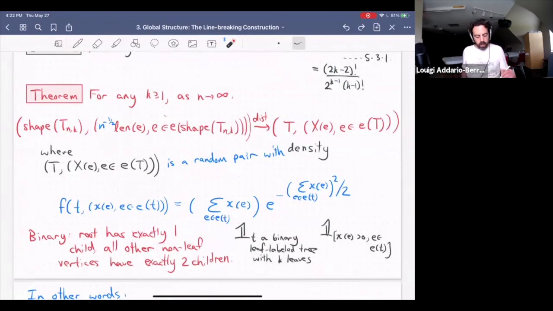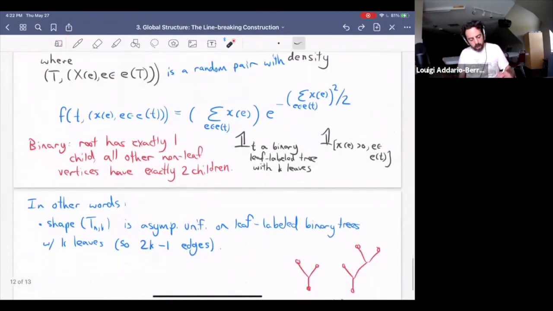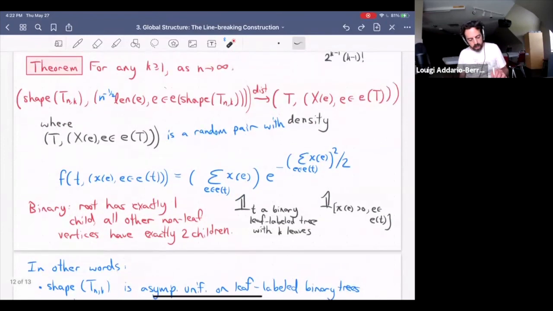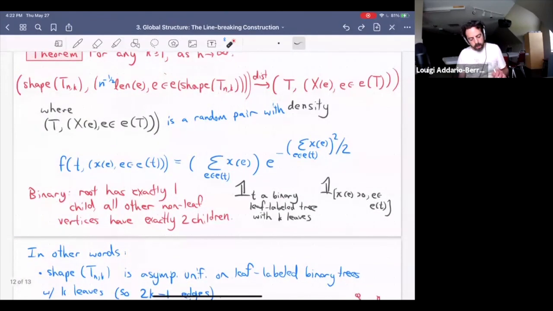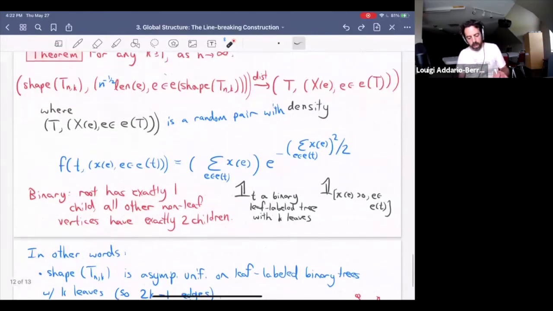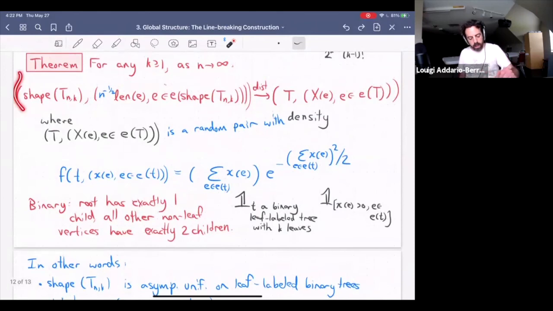The first bit of intuition is that when you look at the tree spanned by k leaves and the root in T_n, it's asymptotically uniform over leaf-labeled binary trees with k leaves.